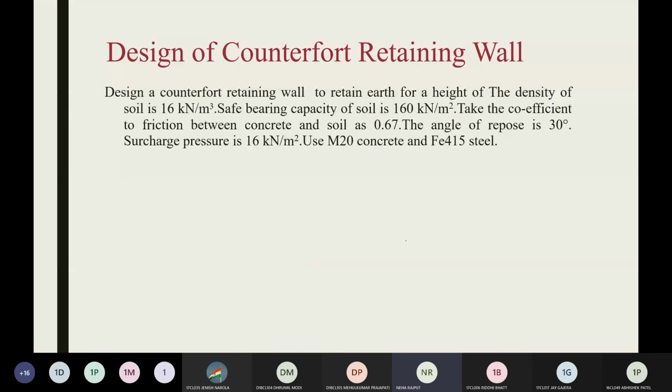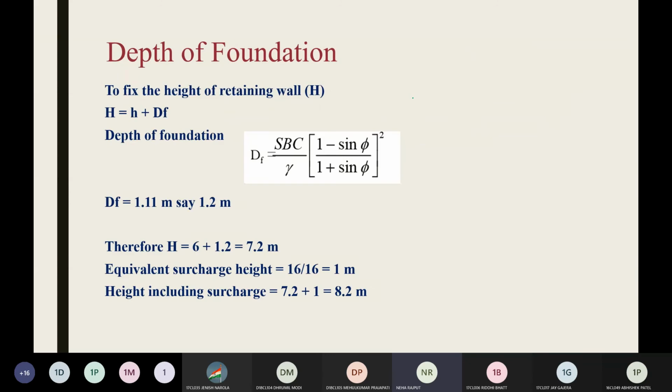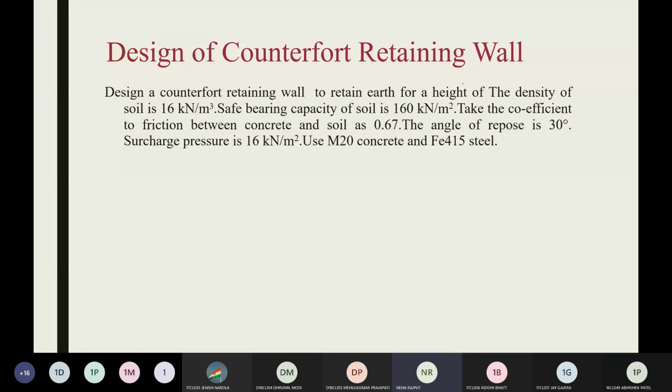Now we are going to start with the design of counterfort retaining wall. Design a counterfort retaining wall to retain a height of 6 meter. Write down, the height is 6 meter. Density is given as 16 kN per meter cube.